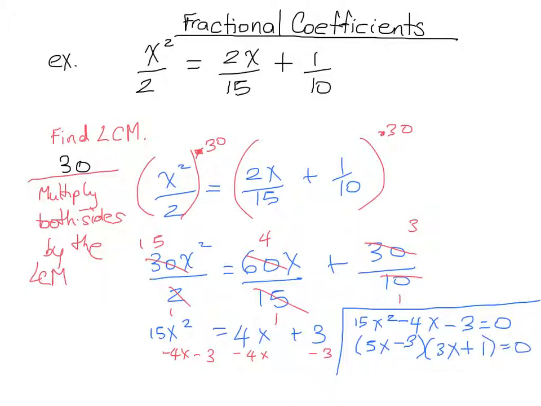So now at this point we can solve this. Either this side is equal to 0 or this side is equal to 0, which means that either x is 3 over 5 or x is equal to negative 1 over 3.